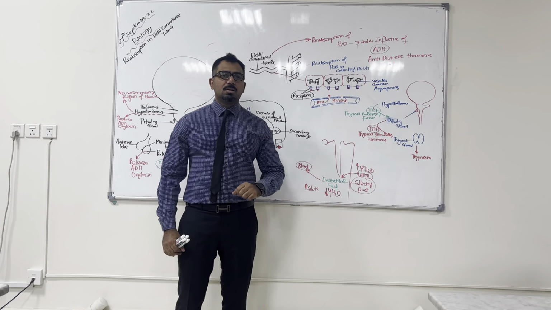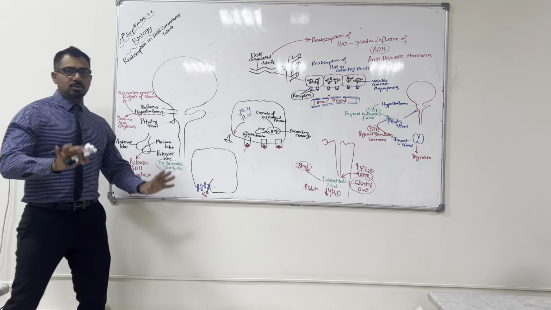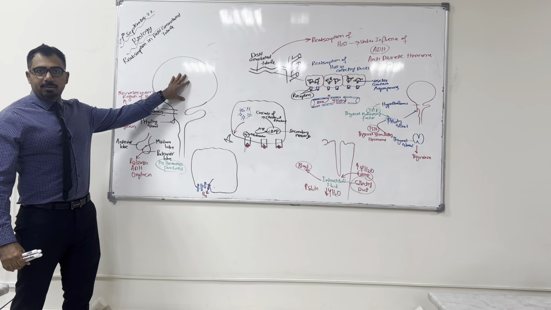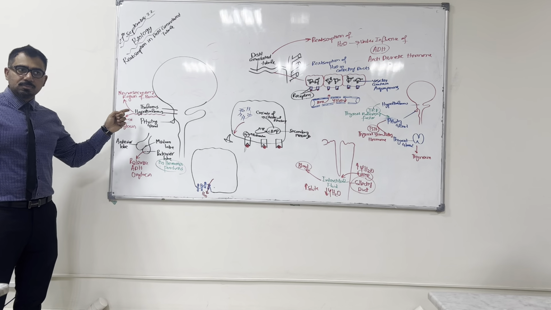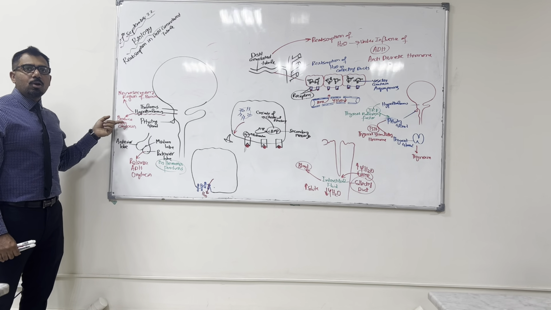Alright? Give me 2 more minutes. A quick overview so that you guys understand. The brain has the hypothalamus, which produces ADH and oxytocin. We are only discussing ADH.